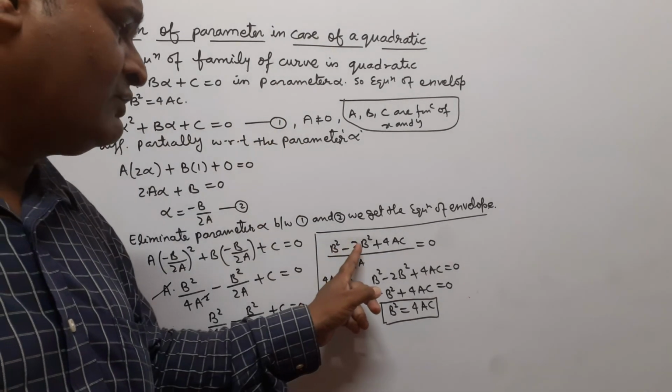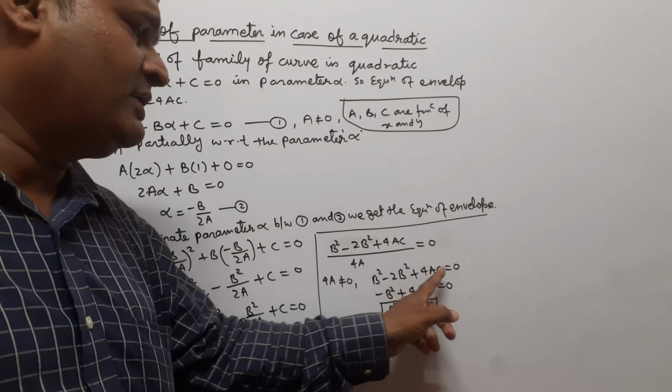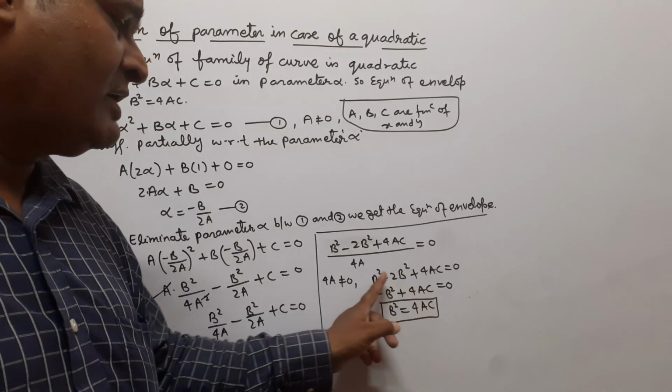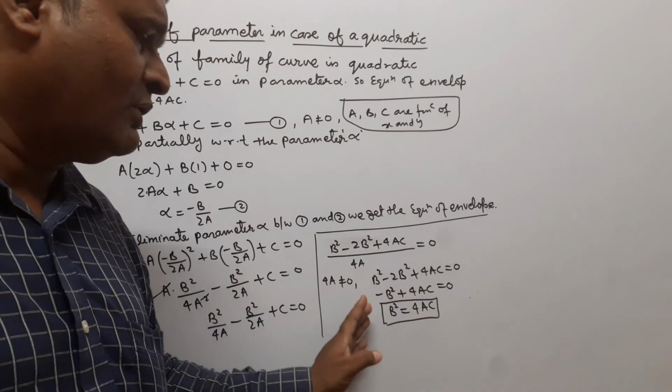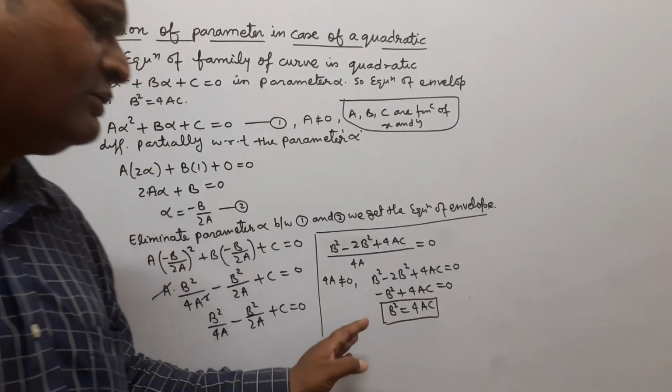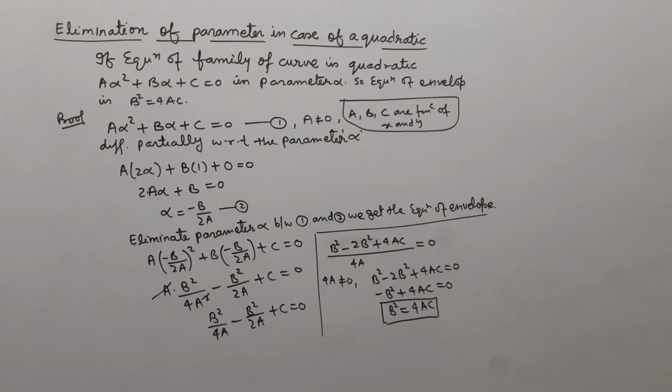So minus 2b square plus b square is minus b square plus 4ac equal to 0. Now we transpose b square to the right hand side, so b square equal to 4ac, which is the equation of envelope of the given family of curves.